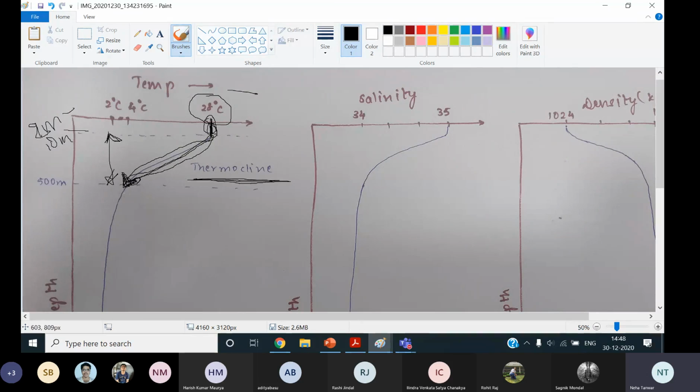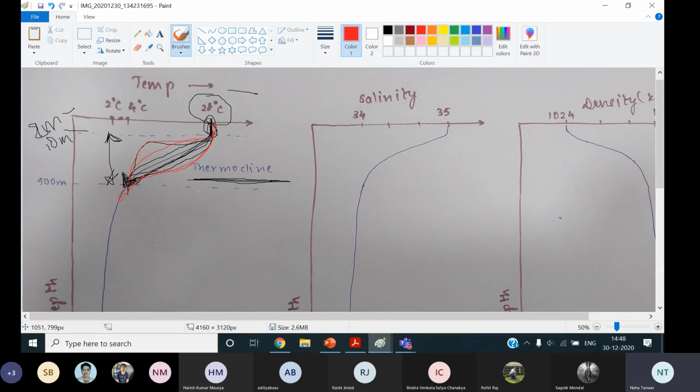So the surface ocean is going to be mixed with the deeper ocean, and hence we get this thermocline. Now this thermocline can change. It can be like this, a very shallow thermocline. It could be a very deep thermocline.